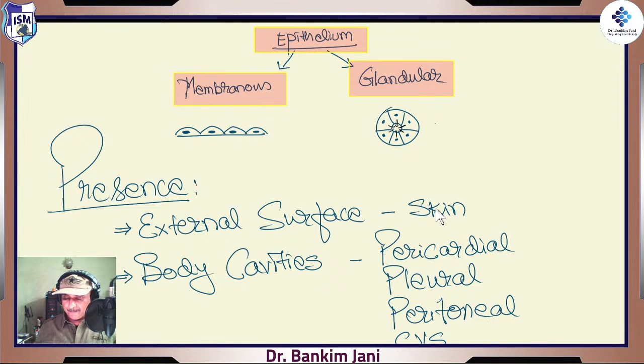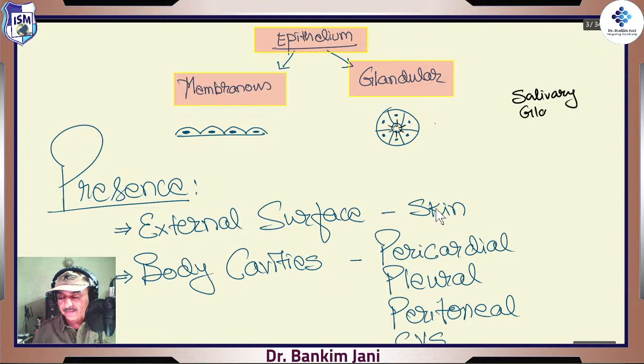Now let's say you have taken the morning breakfast, and let's say there was a very tasty dish. Even if you just remember that dish, your mouth will be watering. So that is nothing but the salivary glands.